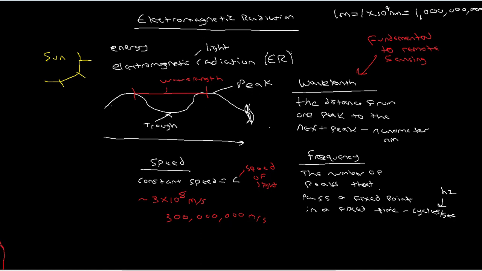By default, that means the peaks are going to be closer together. And so if it's moving at the same speed, as we decrease the distance between the peaks, more peaks are going to pass by that fixed point in the same period of time.